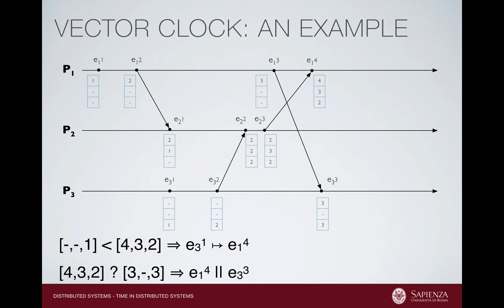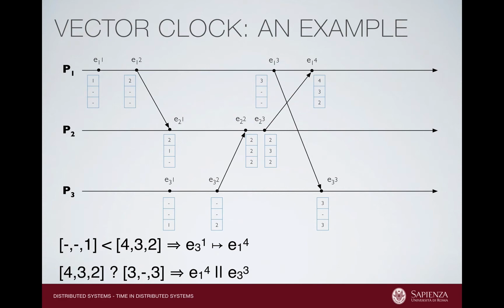So for the first component, you take the maximum between 2, the first location of the vector clock that you receive, and 0, the first location of your vector clock, and you take the maximum that is 2. Then for the second location, you take the second location of the vector clock that you receive and the second location of your vector clock that is 0, and you take the maximum that is 0. And then the third component is also 0.